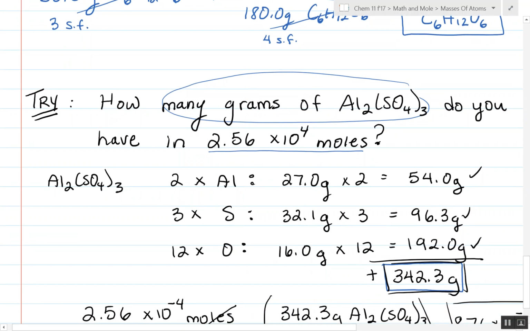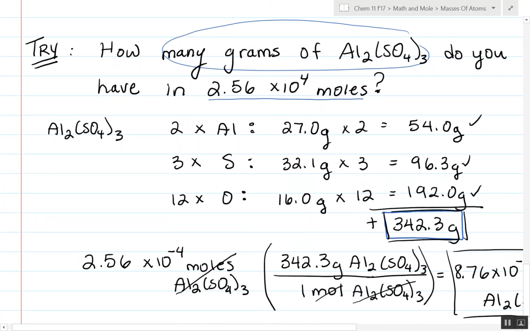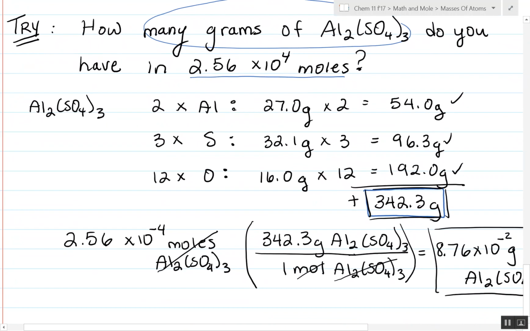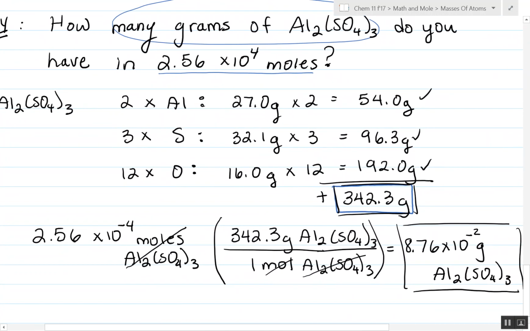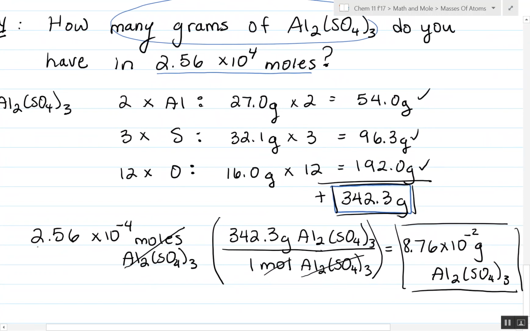And then using that, you could have created a unitary rate to then go through and multiply my 2.56 times 10 to the negative 4 moles of aluminum sulfate by my molar mass to give me my final answer of 8.76 times 10 to the negative 2 grams of aluminum sulfate.